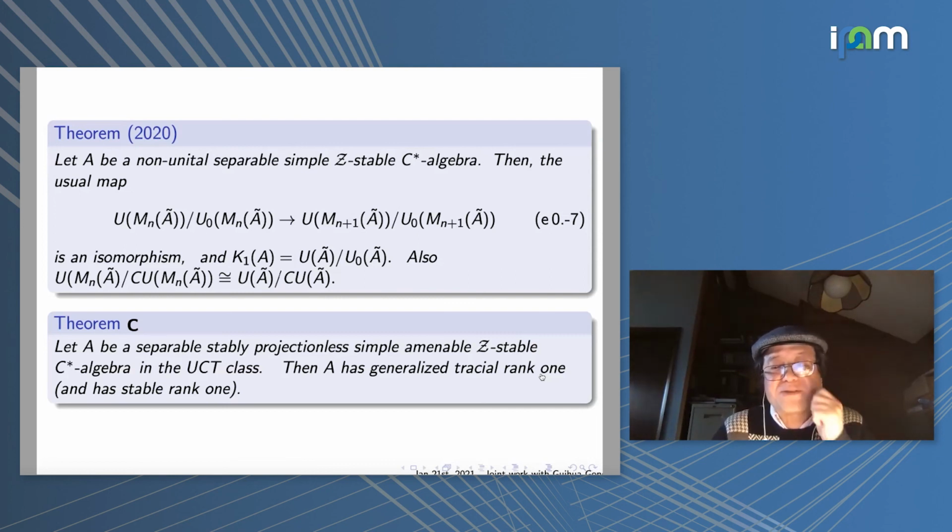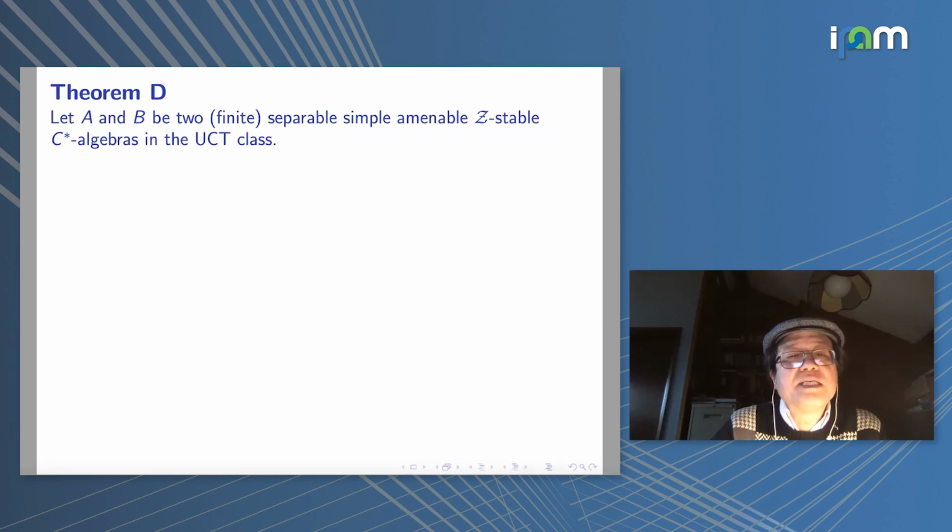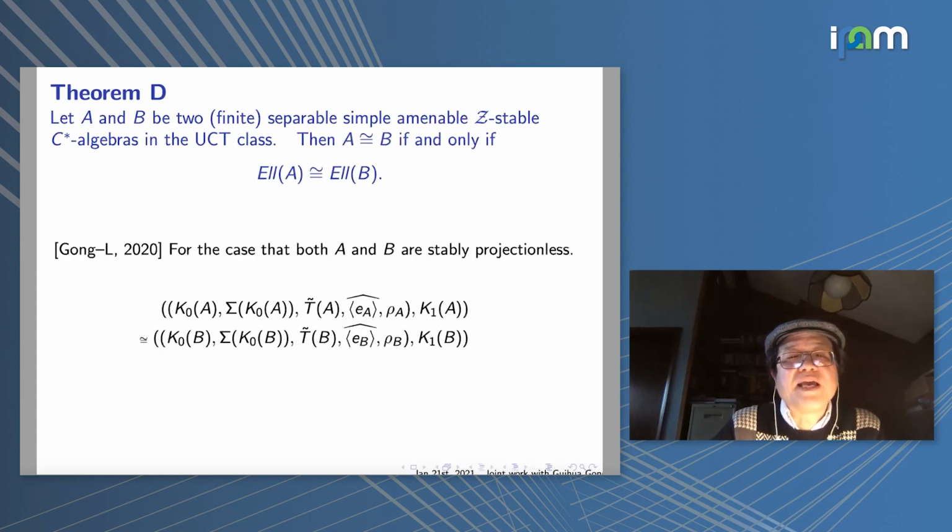So we want to have a tracial condition, but that's automatic in this case. And with that, one can give a unified description of finite separable simple Z-stable algebras. If you have two unital or non-unital separable simple amenable Z-stable algebras in the UCT class, assume they are finite, then A and B are isomorphic if and only if the Elliott invariants are the same.